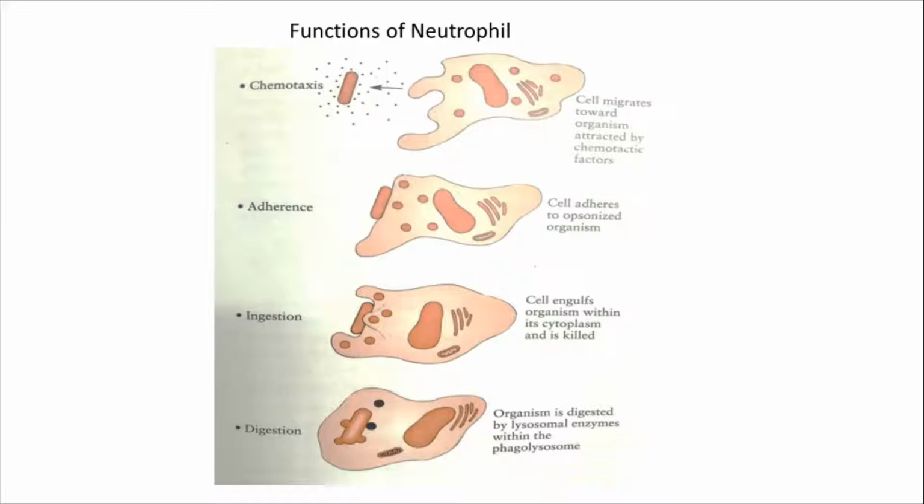Vasoactive substances are chemicals that relax the vein cells, the endothelial cells. Due to the relaxation, gaps may be created in the endothelial cells, so they create a path. The path is useful for neutrophils, the immune cells, to enter from the blood into the tissue. Okay, you know very well.